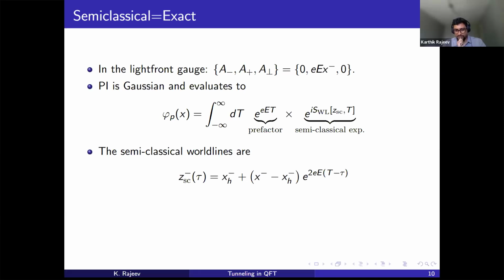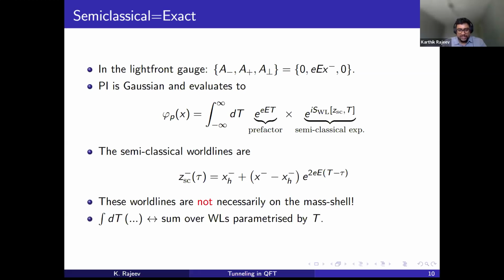Why? Because, as I was just explaining, the on-shell condition comes about only after integrating over capital T. So before integration, these are not yet the on-shell solutions. These are some solutions which you get from the equations of motion, but you have not yet imposed the on-shellness condition.